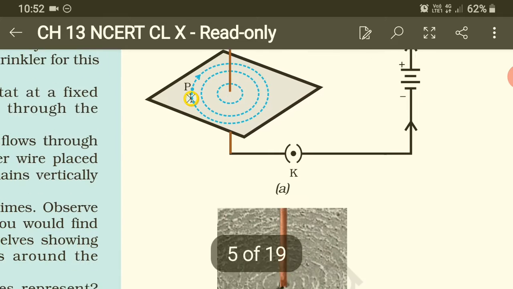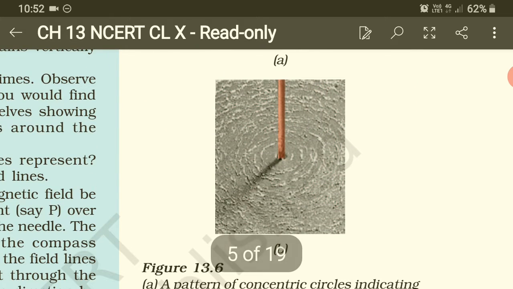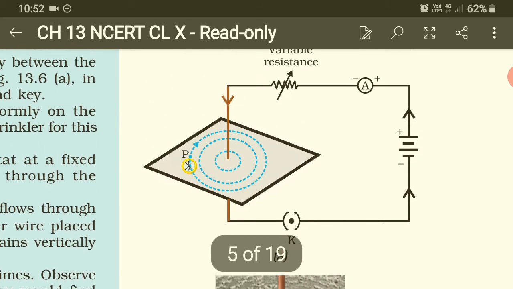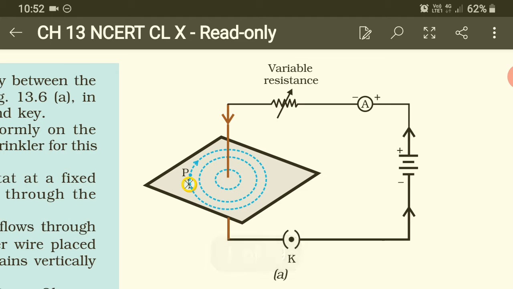That means the strength of the magnetic field is also directly proportional to the length of the wire.